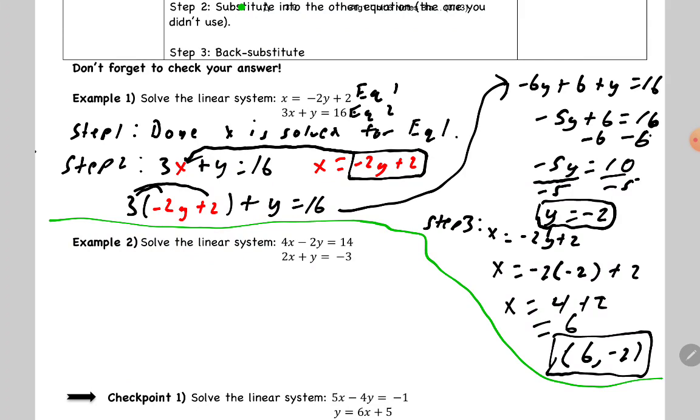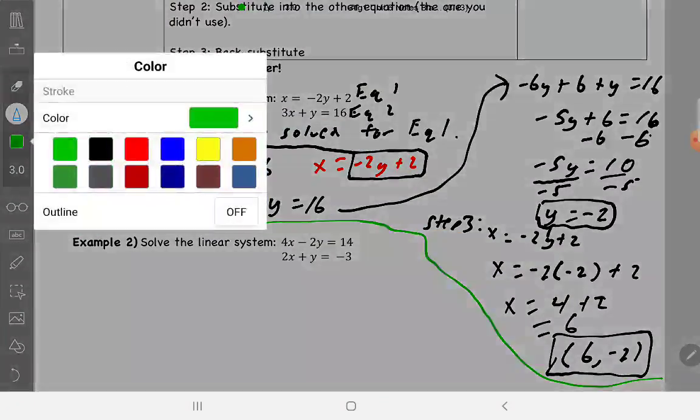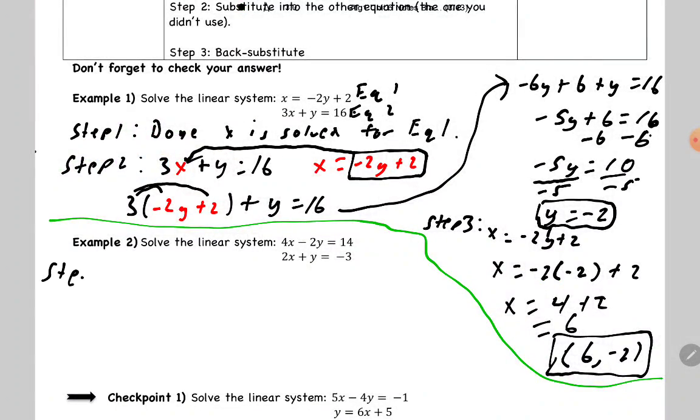Okay, so step 1. I'm going to change one of these equations into either x equals something or y equals something. And I'm going to use, because I think it'll be easier, the second equation, 2x plus y equals negative 3. To change that into y equals something, I'm just going to subtract 2x over. So I will get y equals negative 2x minus 3.